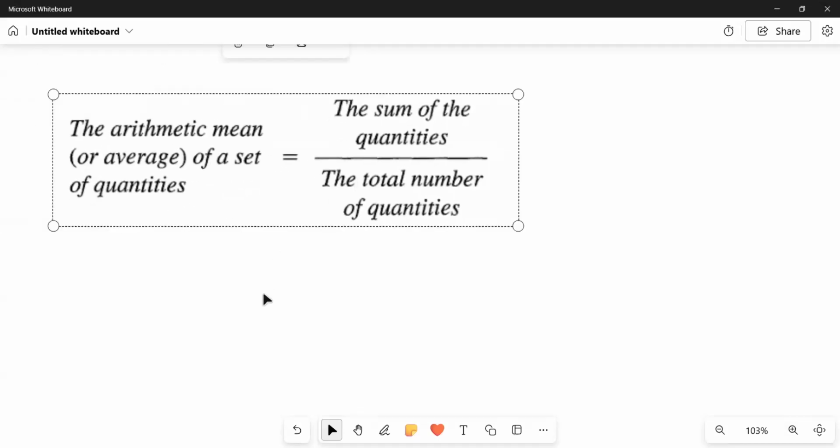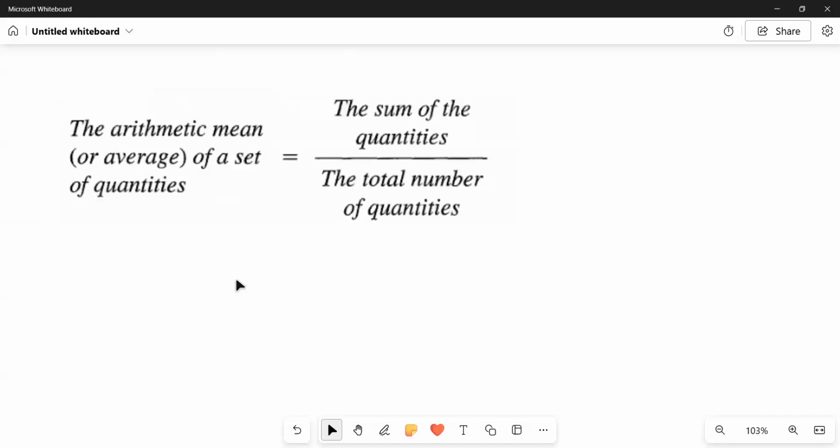This is the way you calculate it: you find the sum of all the quantities and divide it by the total number of quantities. That will give you the arithmetic mean, or the average. Very simple, like I showed you just now in that example.